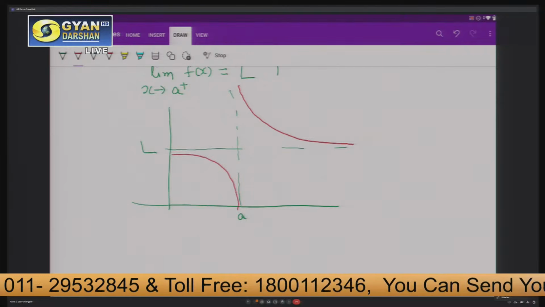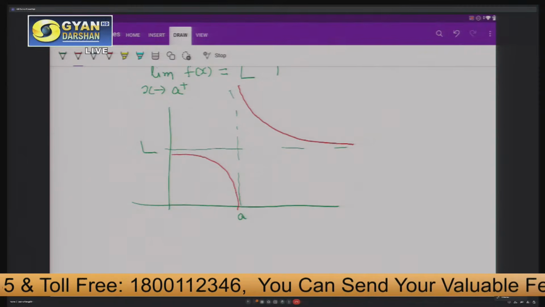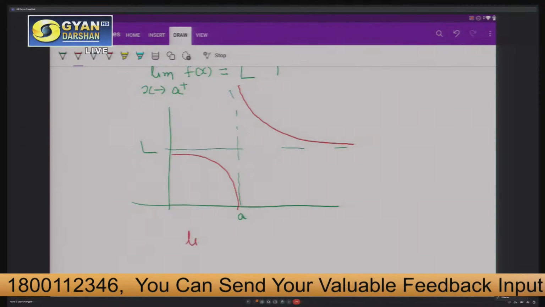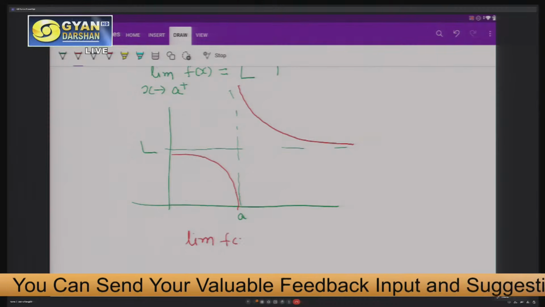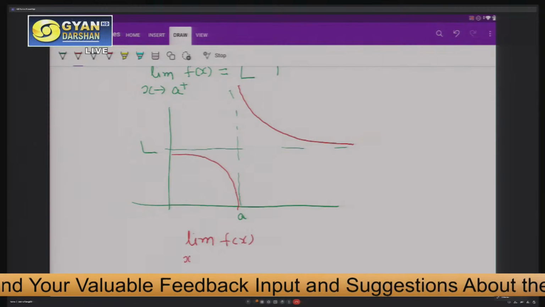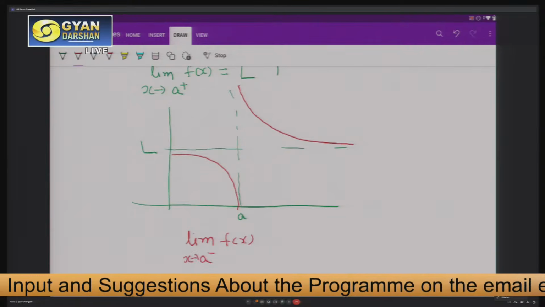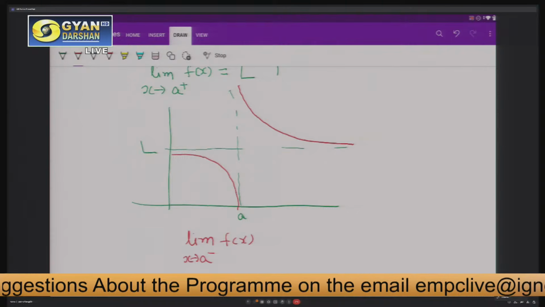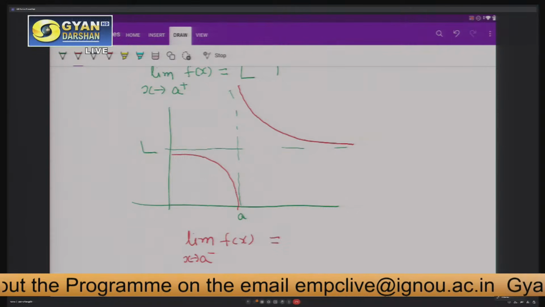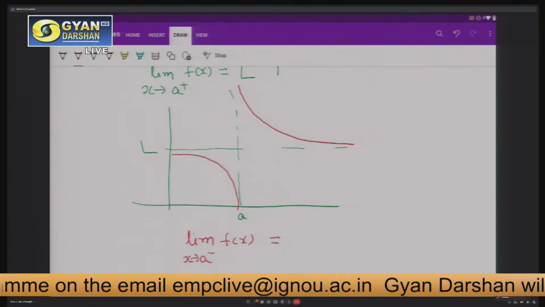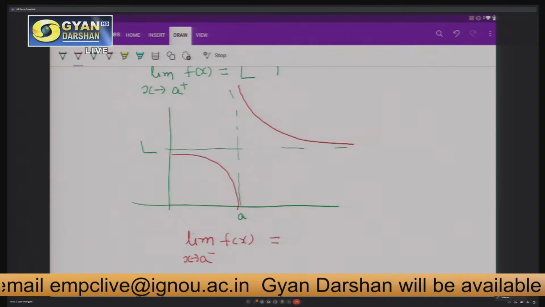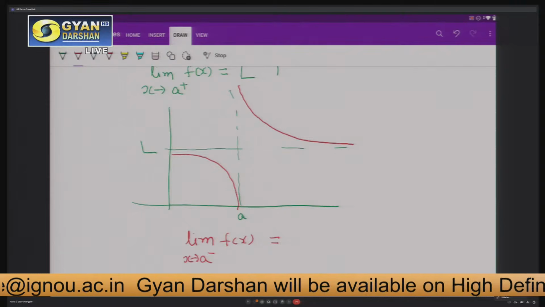So limit of function as x approaches a minus from left side, f(x) is equal to, this is y.